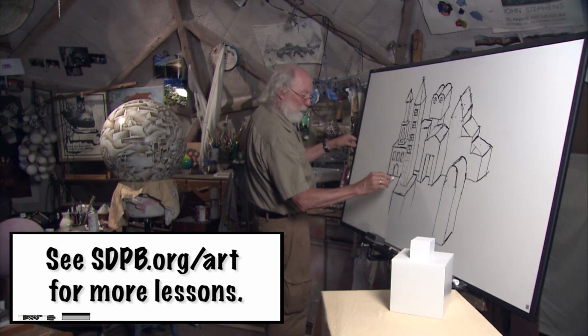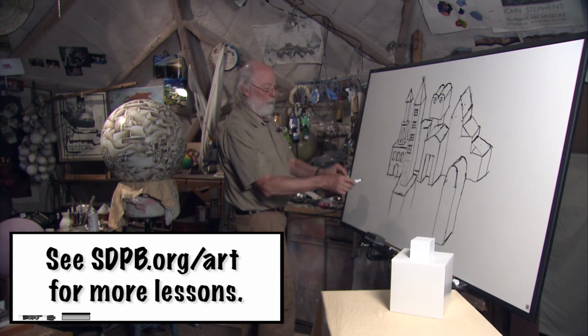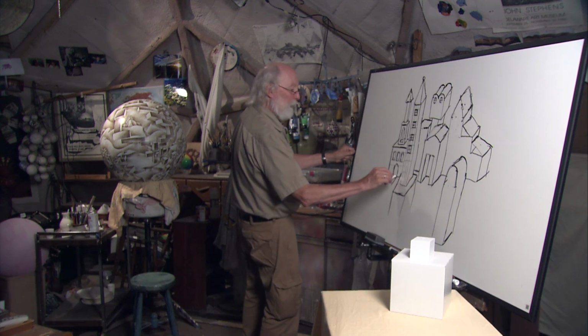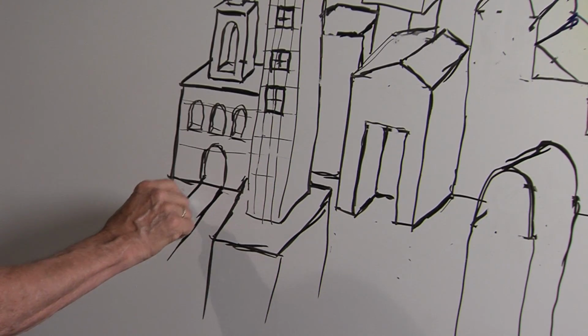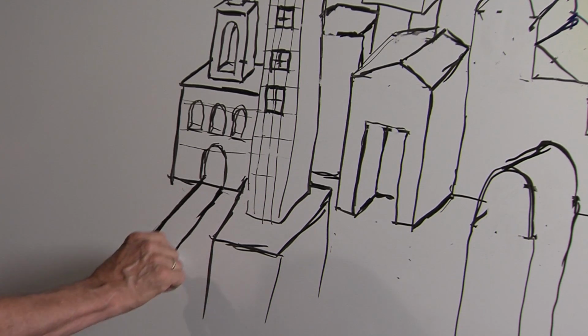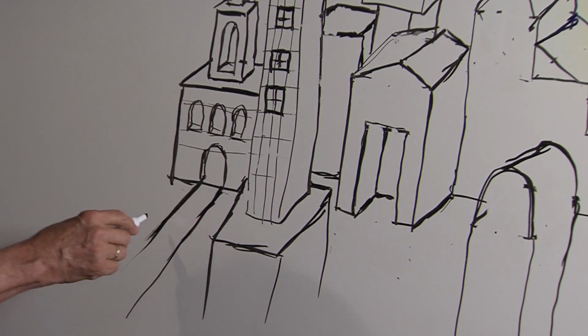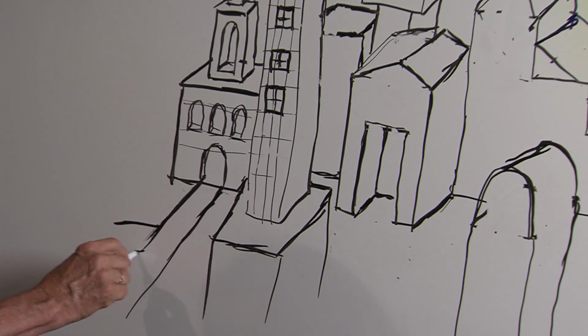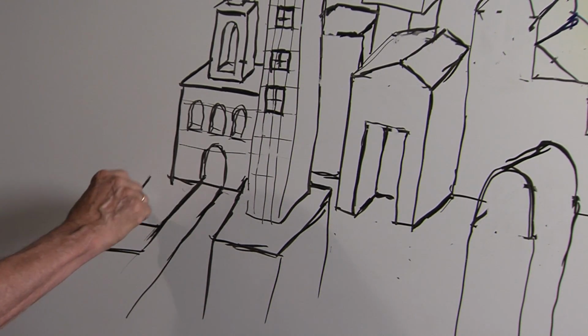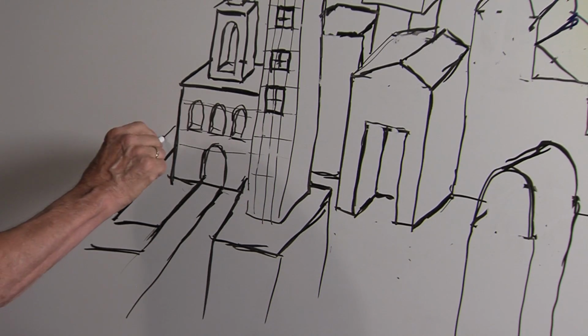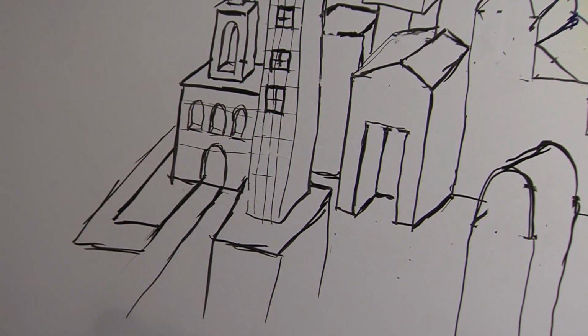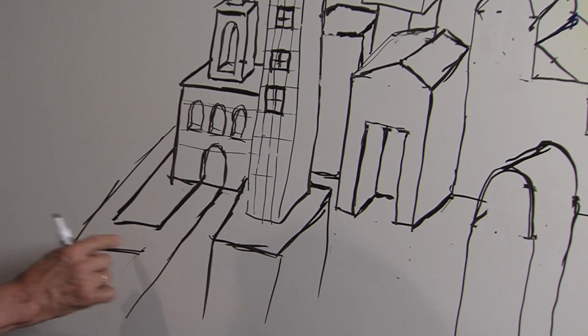I'm going to put a sidewalk out here. If a sidewalk runs for this little city, it's got to run parallel to all of these lines too. So the sidewalk would run out like this. Maybe it comes across like this and goes back in space like that. Okay? And this line might get erased right there.